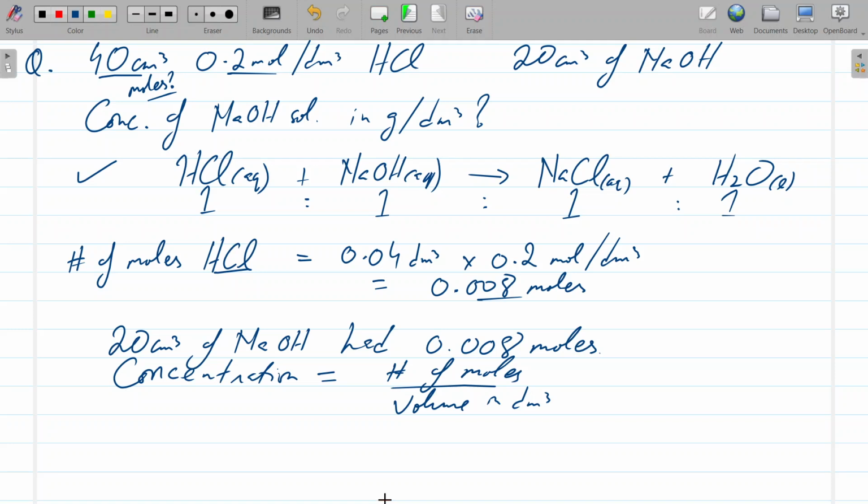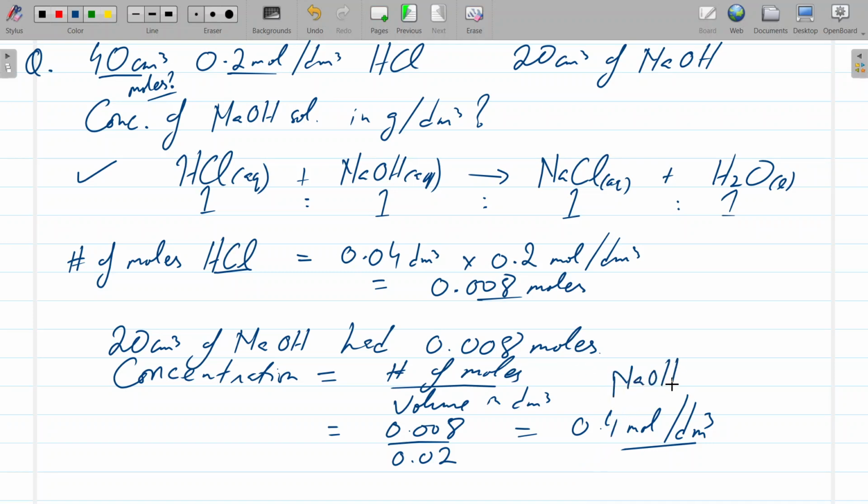And so that would give us 0.008 divided by 0.02, which will give us what? 0.4 mole per decimeter cube. This is the concentration, right? So we have 0.4 moles of sodium hydroxide per liter in that solution, right?